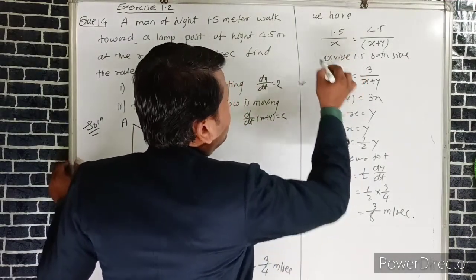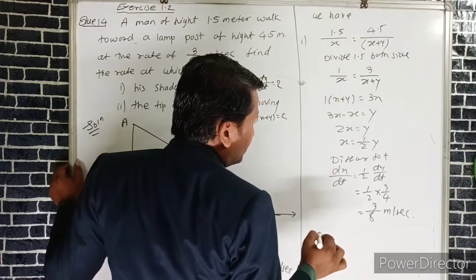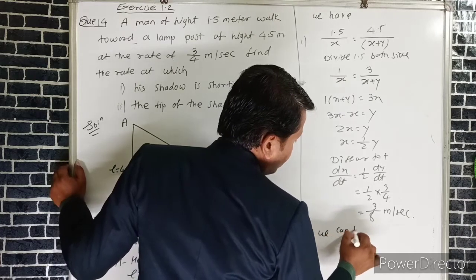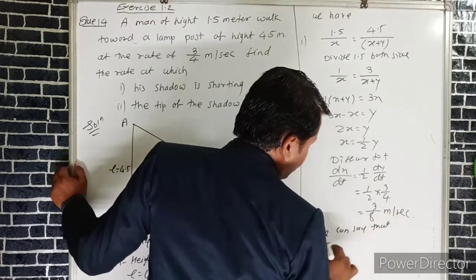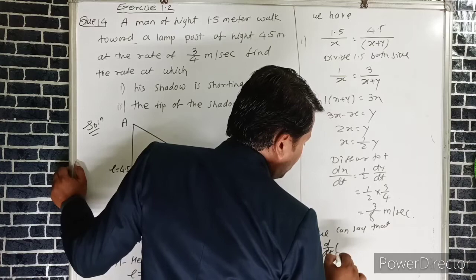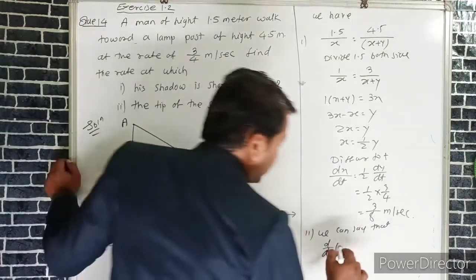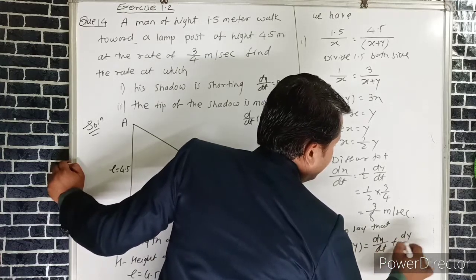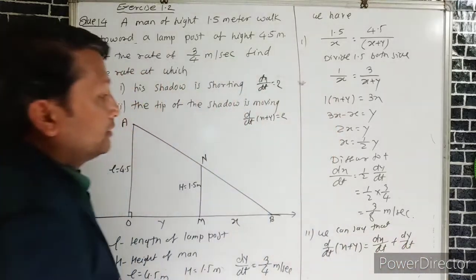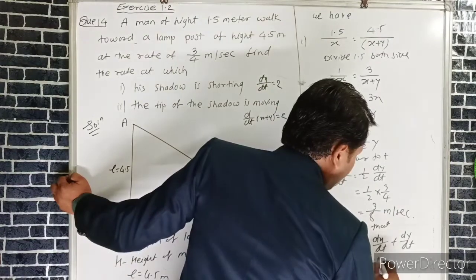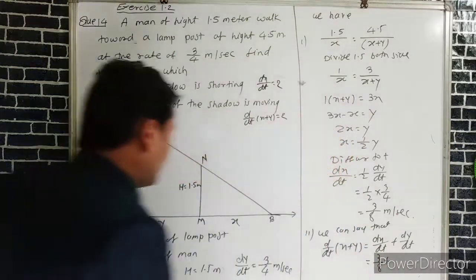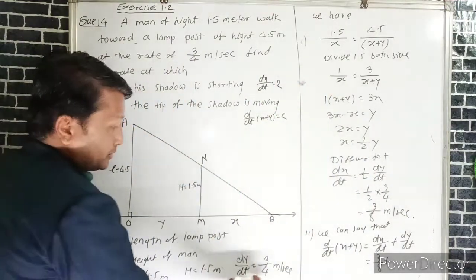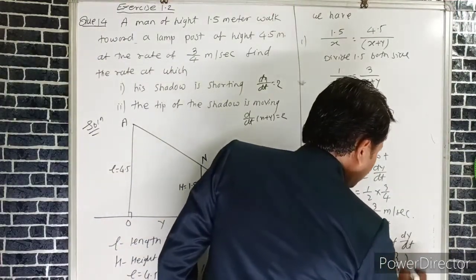Again, we can say that the derivative with respect to t of the shadow of the lamppost, x plus y, is equals to dx by dt plus dy by dt. So here the value of dx by dt is 3 by 8 meter per second, plus the value of dy by dt, which is given 3 by 4 meter per second.